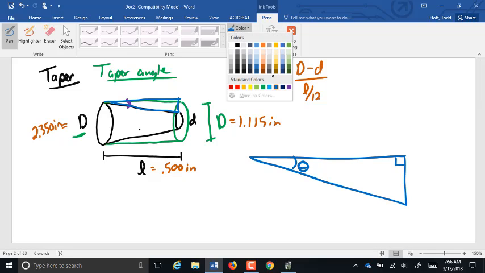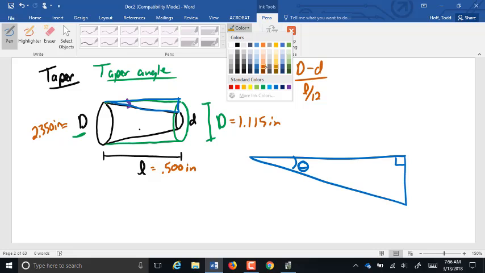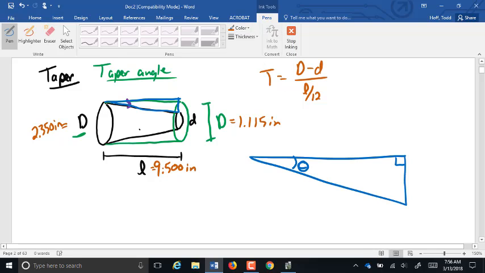Do I know any of those dimensions? Well, yeah, I know this one here is 9.500 inches. Do I know this one here? No, but I can find it, can't I?